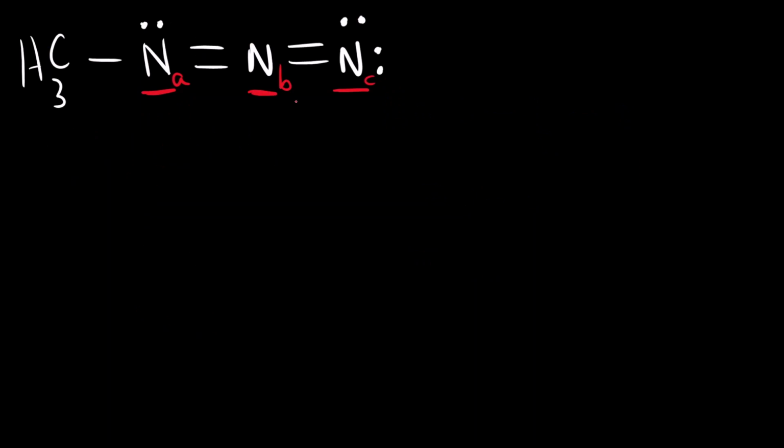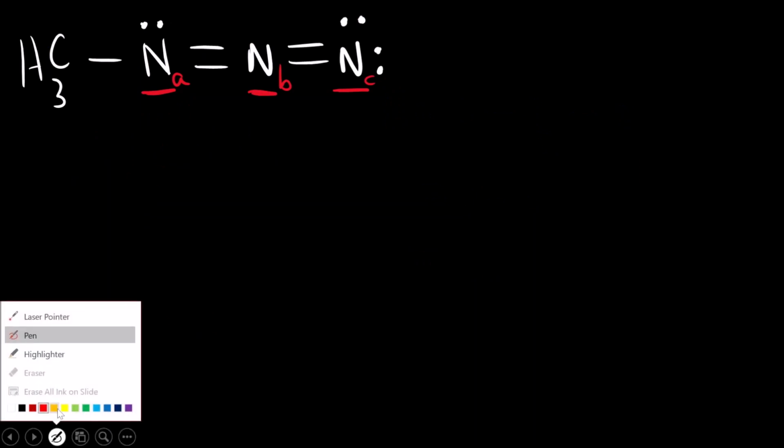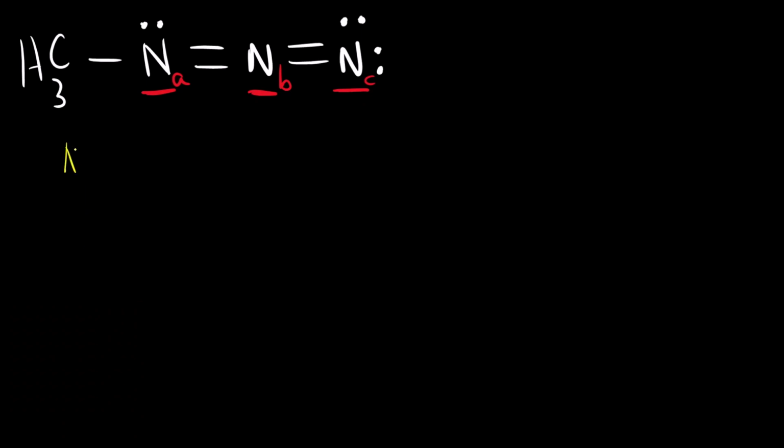Now let us see this last example. Na. Here, first of all, how many valence electrons are there in nitrogen? 5. First of all, valence electron minus how many bonding electrons are present?